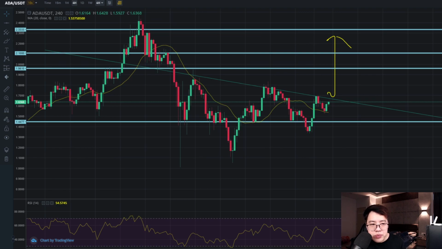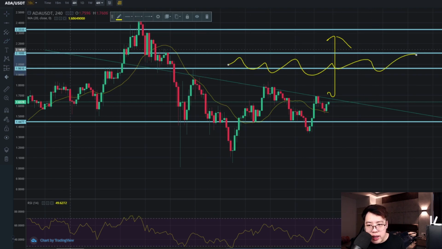This is your resistance zone. So your profit level can be around either this area or this area. But in order for it to break above this $2.30, it must first break through this $1.96 and also this $2.10 before it goes further up.